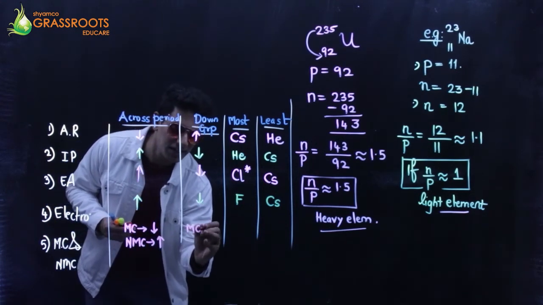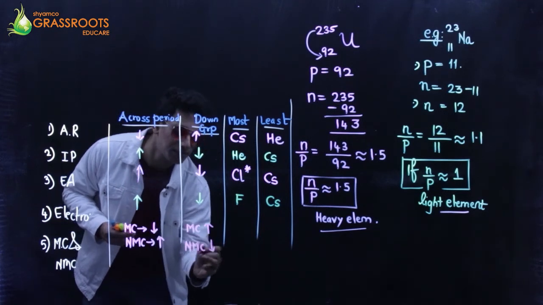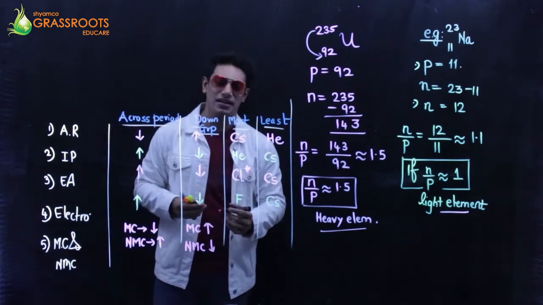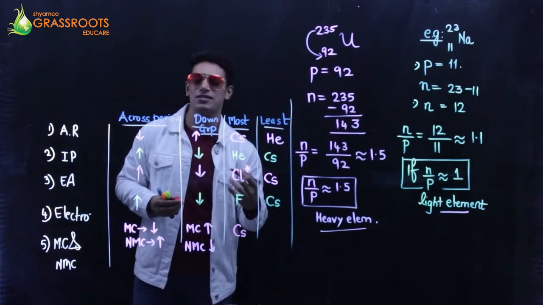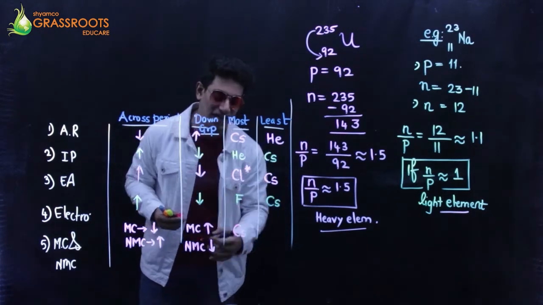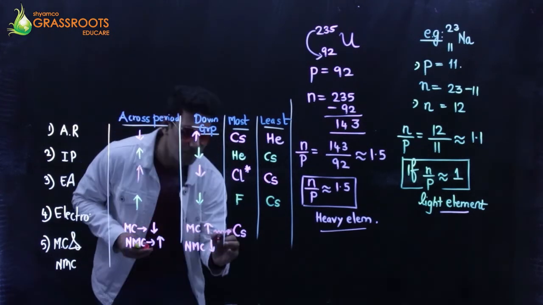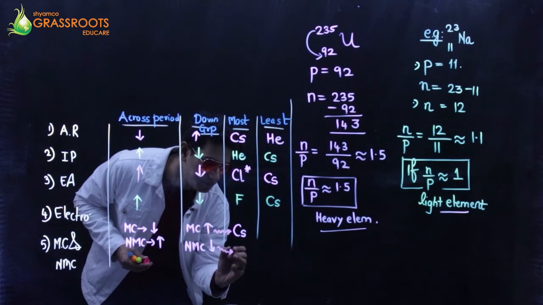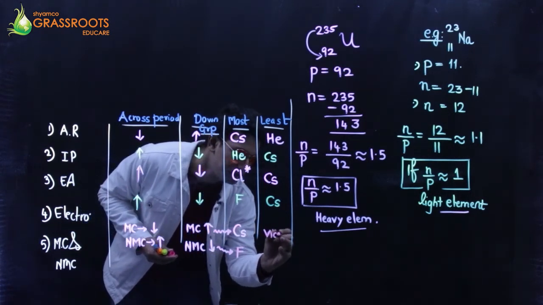Down the group, metallic character increases and the non-metallic nature decreases. The most metallic is cesium and the most non-metallic is fluorine, and this is vice versa.